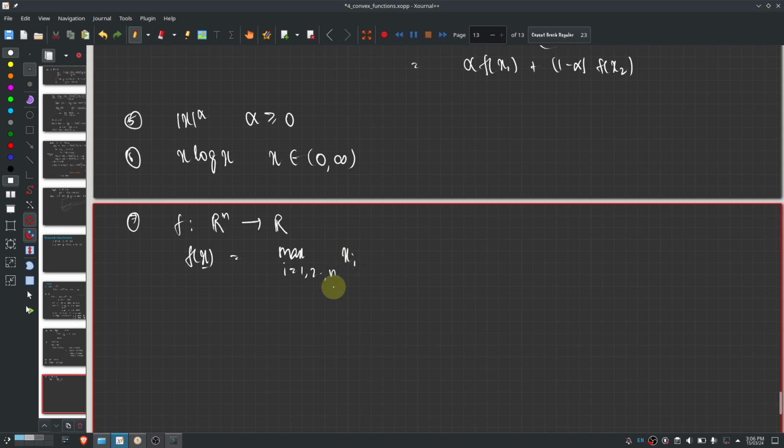So basically it outputs the largest component in this vector.